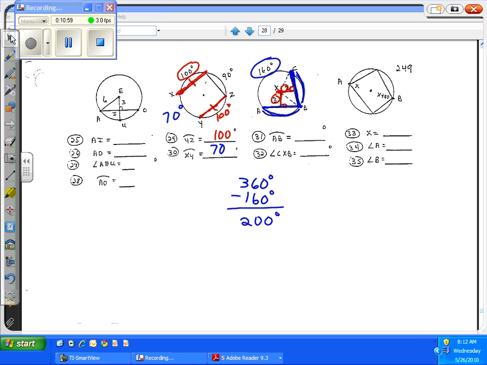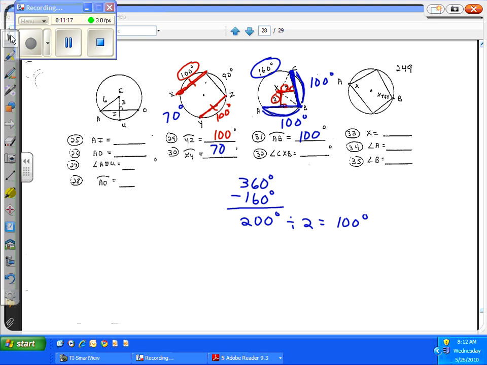So 360 minus 160 would give us the sum of arc AB and CB. Since they're the same, we could divide their sum by 2 and get the measure of each one. So arc AB is 100 degrees and arc CB is 100 degrees.